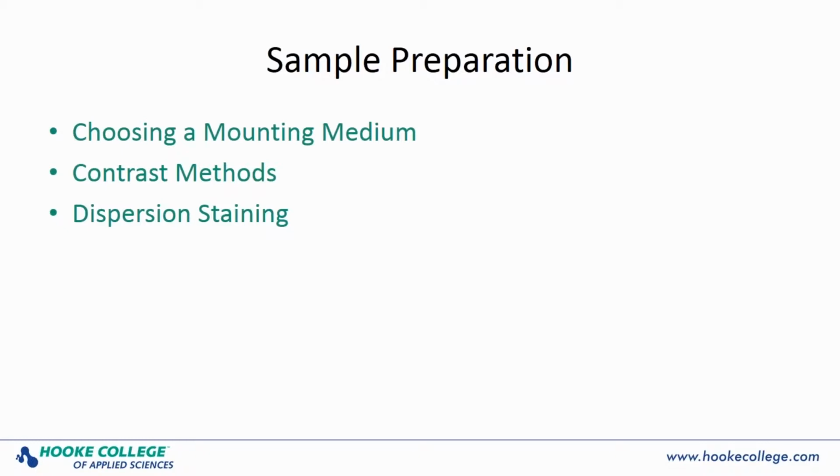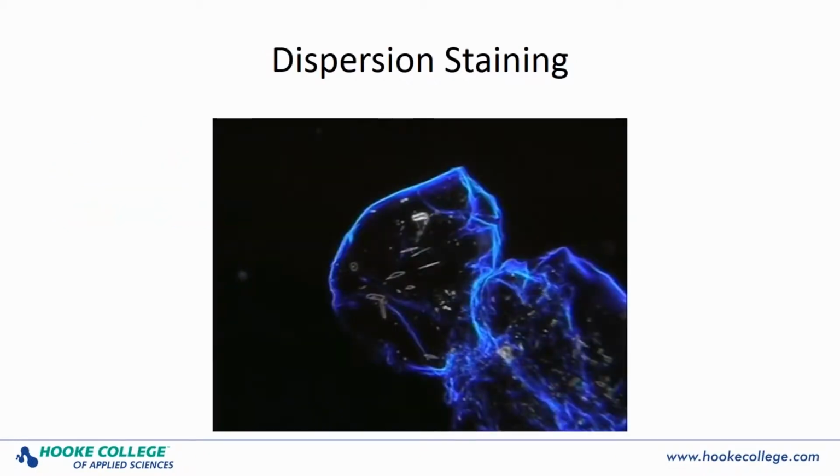With respect to contrast, there are many ways to improve it. Some examples include the use of filters, adjusting the substage aperture, using oblique illumination, phase contrast microscopy, or Rheinberg illumination, which is an optical staining technique. Differential chemical staining is commonly used for biological samples, but one can avoid the use of chemicals in some cases by employing an optical staining method called dispersion staining.